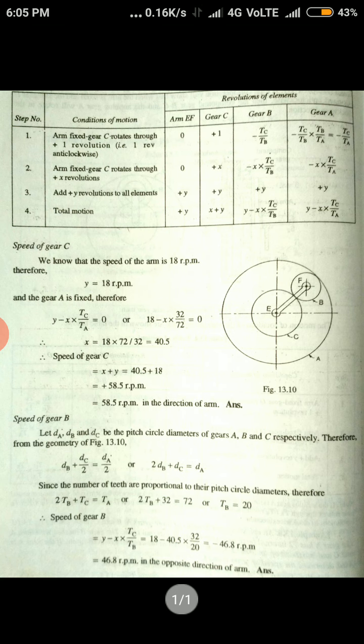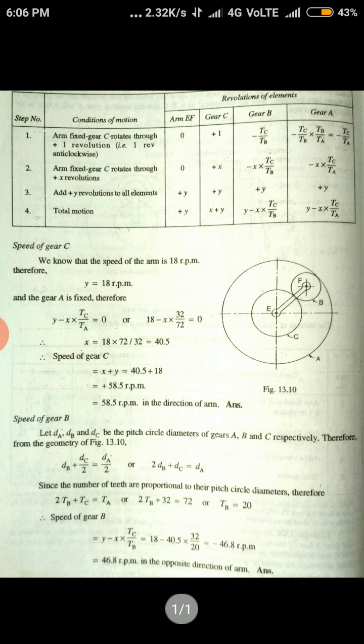If you see the geometry in the sketch very carefully, you can write the radius RA is equal to the sum of the radius RC plus 2 times the radius of RB. Listen carefully: RA equals RC plus 2 into RB.